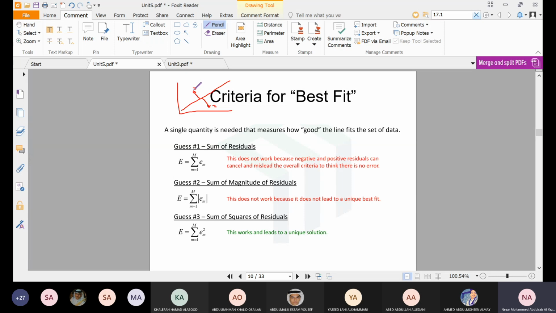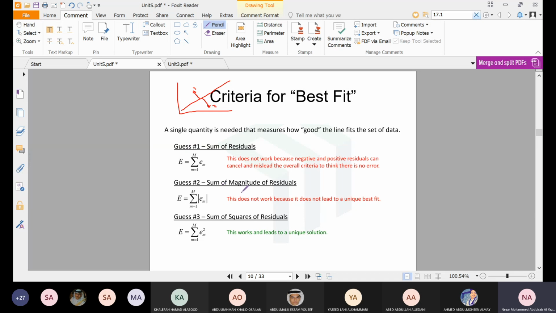So this positive value and the negative value will cancel each other, and the effect of these will not appear, because here we take only the sum of errors.